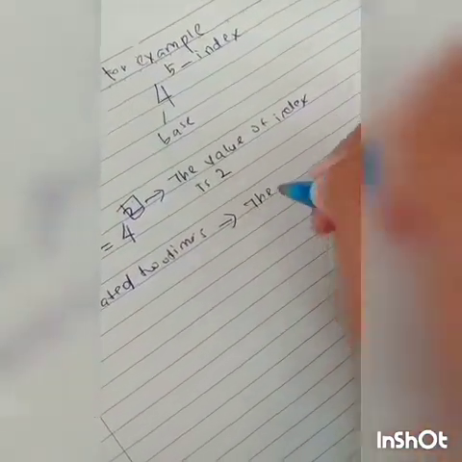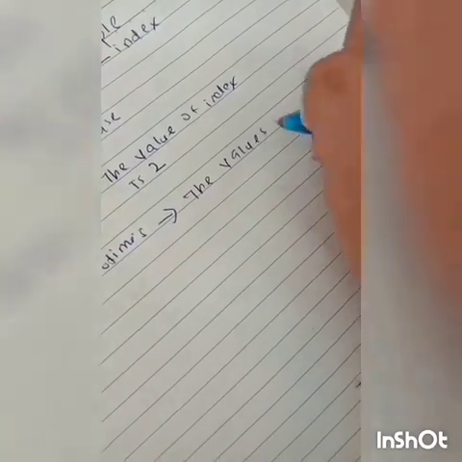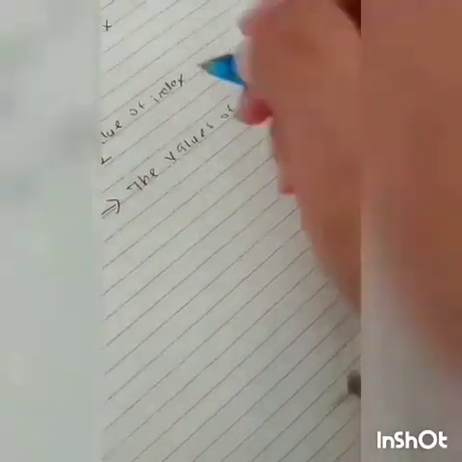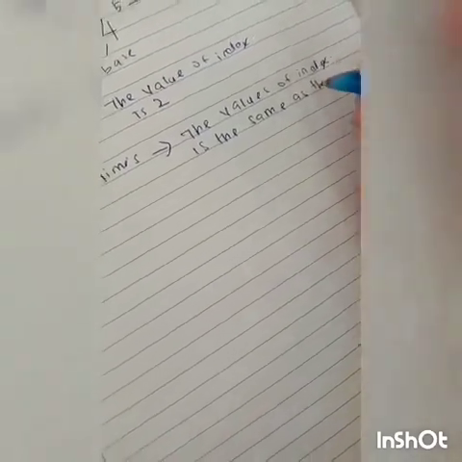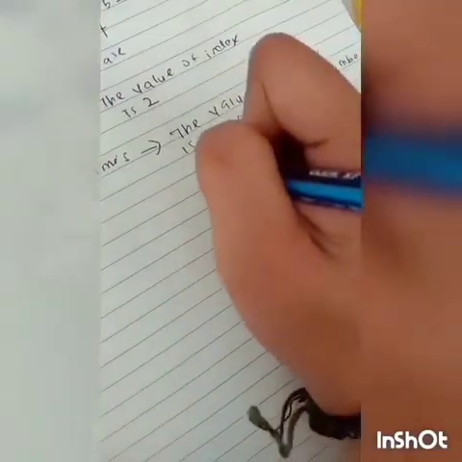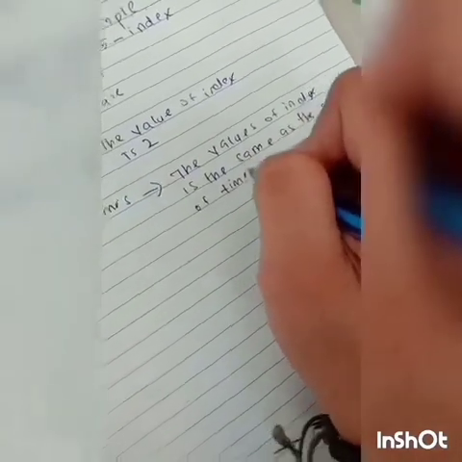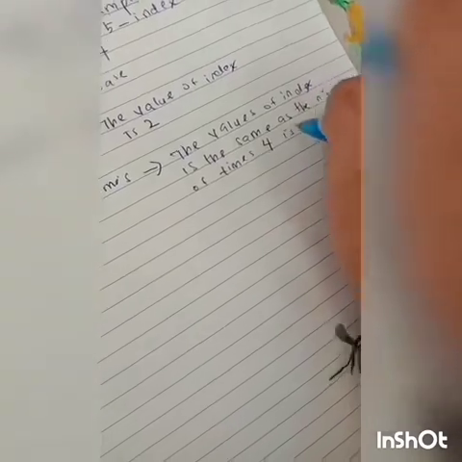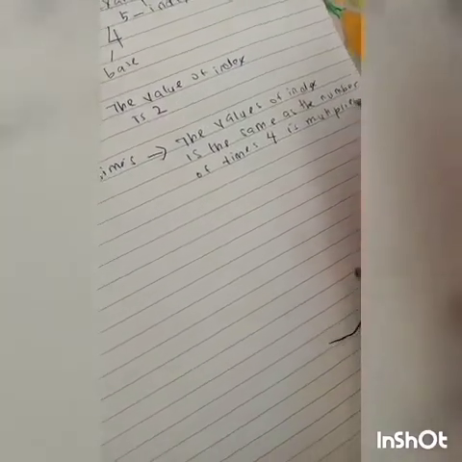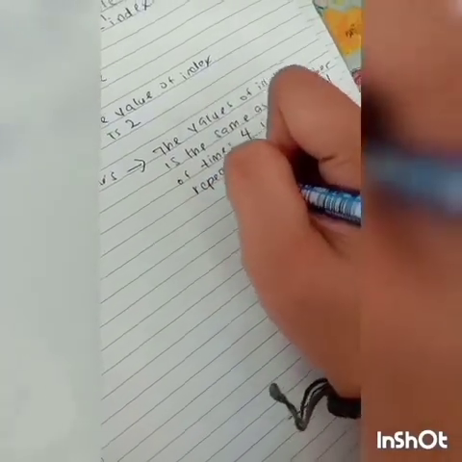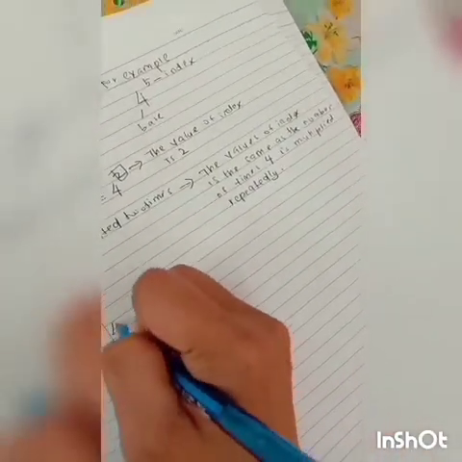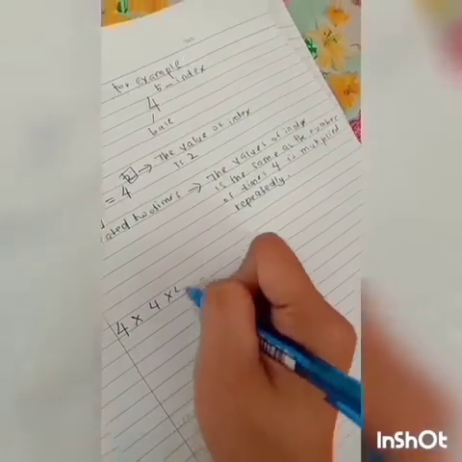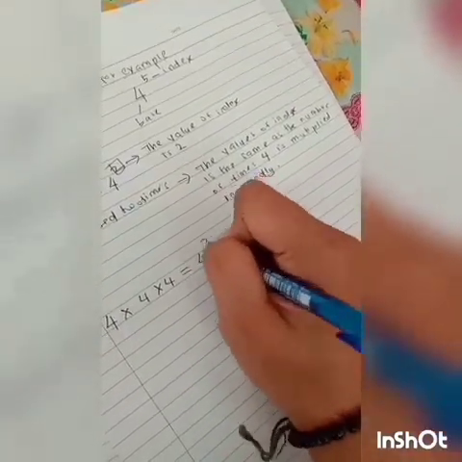The value of the index is the same as the number of times 4 is multiplied repeatedly.